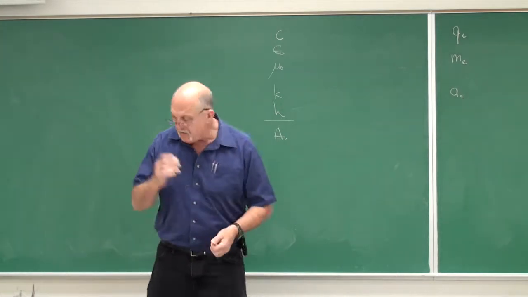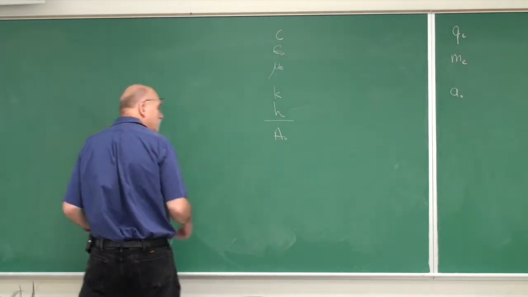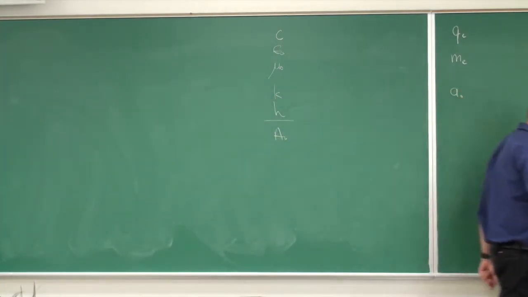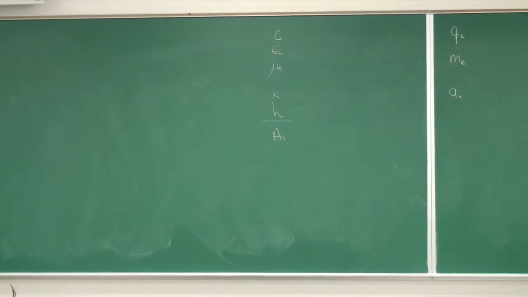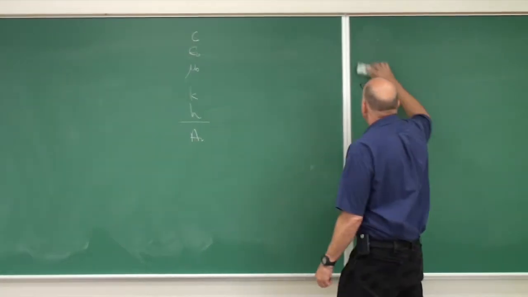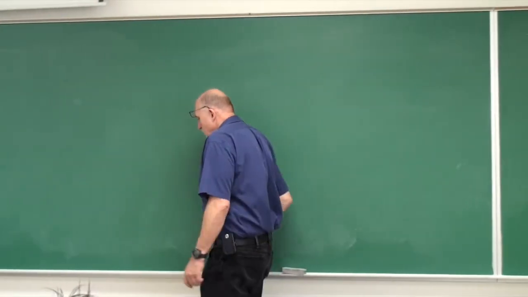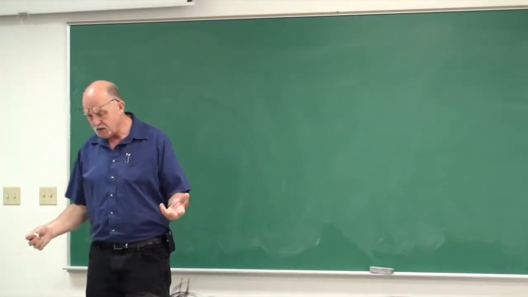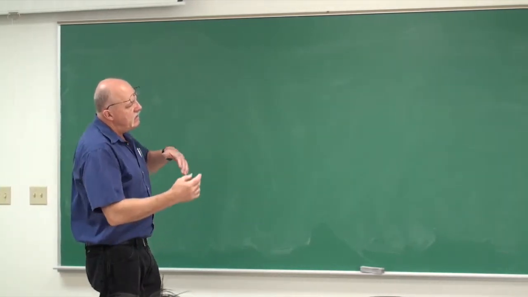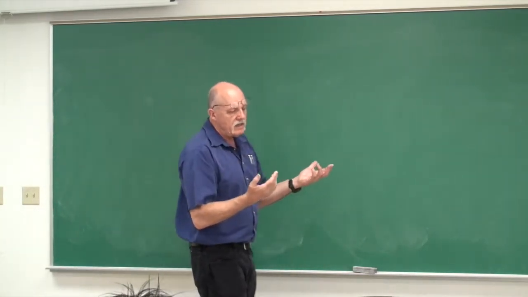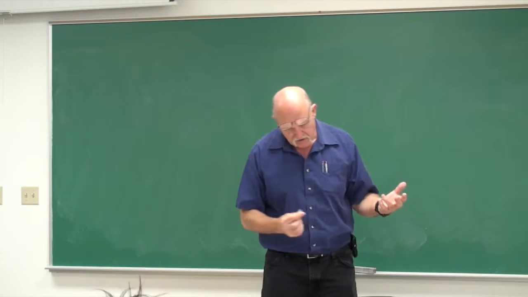Okay, so much for that. So then the idea of dimensional analysis is simply to take various quantities, express them in terms of the 5 basic dimensional quantities, and then find ways of combining them to give you what you're looking for.